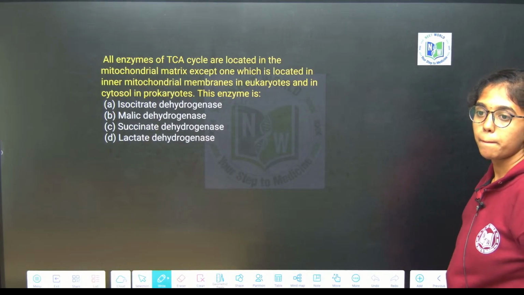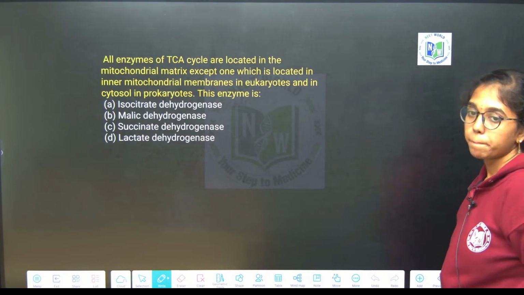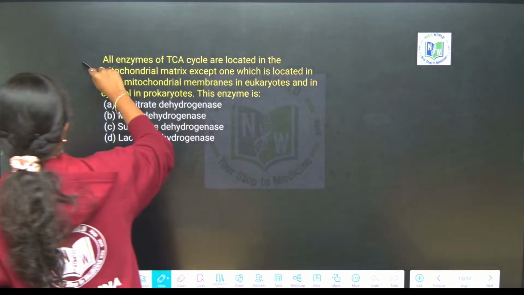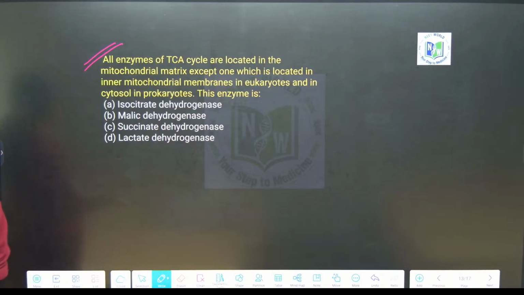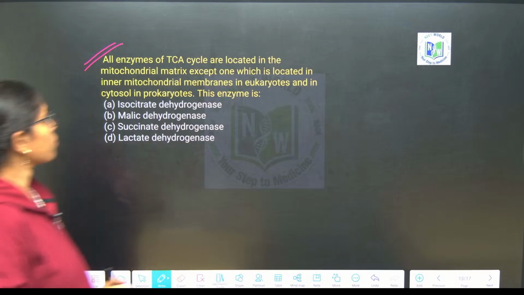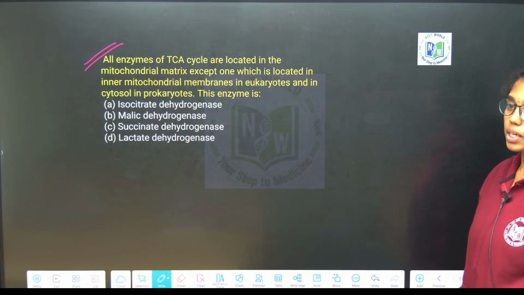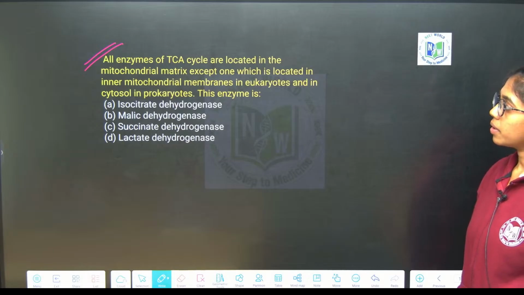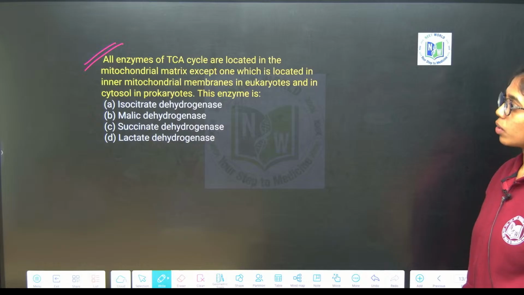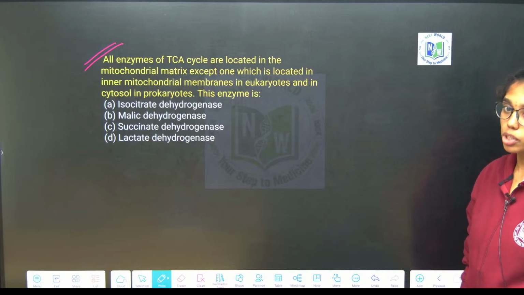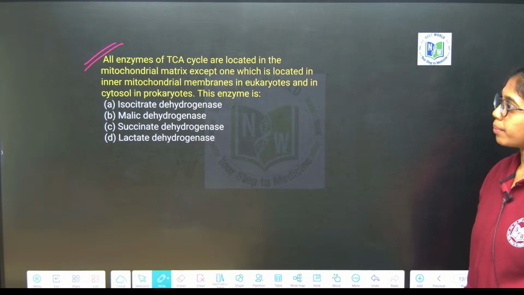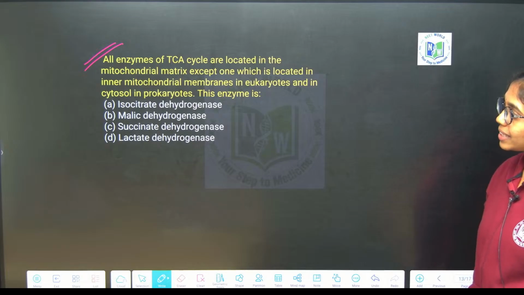Next, this one. All enzymes of TCA cycle are located in the mitochondrial matrix except one, which is located in the inner mitochondrial membrane in eukaryotes and in cytosol in prokaryotes.